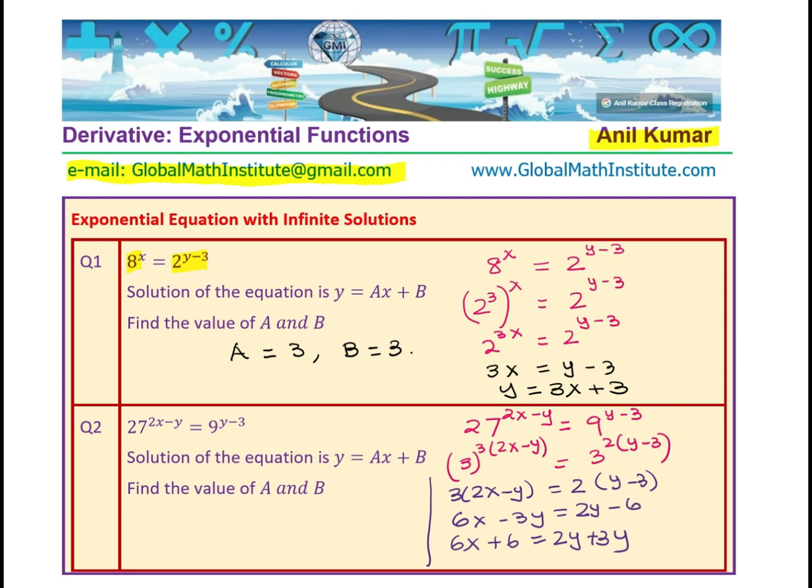So 2y plus 3y is 5y, which is equal to 6x plus 6, or y equals 6 by 5 x plus 6 by 5. Makes sense? So that is what we get in this particular case. And therefore, in this case, a is equal to 6 by 5, which is also equal to b.